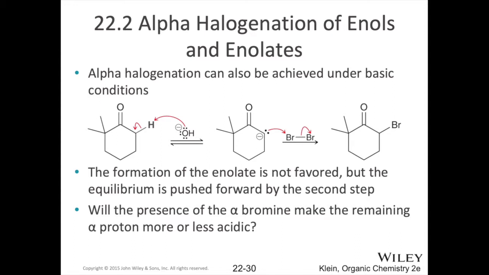If this is the case, what happens first is you go through that enolate intermediate. So your base comes in and deprotonates that alpha carbon, making the resulting enolate. Again, your enolate's a great nucleophile, and it attacks that bromine and kicks off that bromide leaving group in the same way as before, and you go directly to your product that way.